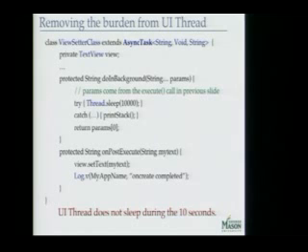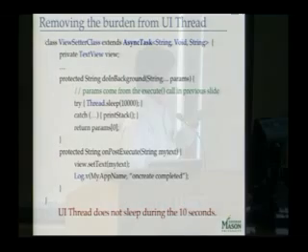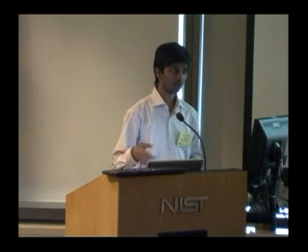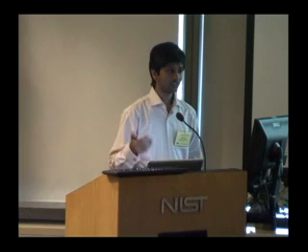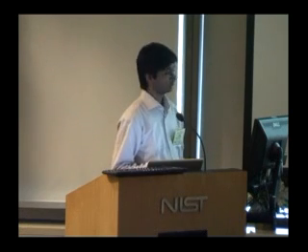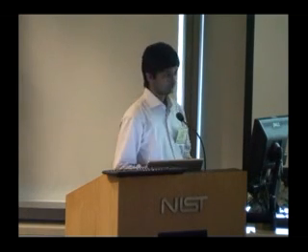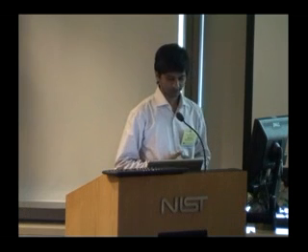So Android knows that whatever you put inside doInBackground, it will run in a separate thread, and while that happens, it will let the UI thread be available to the user, and you can add code in this which puts a spinner on the UI, or it can say please wait, or any kind of message, which I have not included here, but that is usually what applications do. Otherwise you'll just see an activity that's just waiting, right?